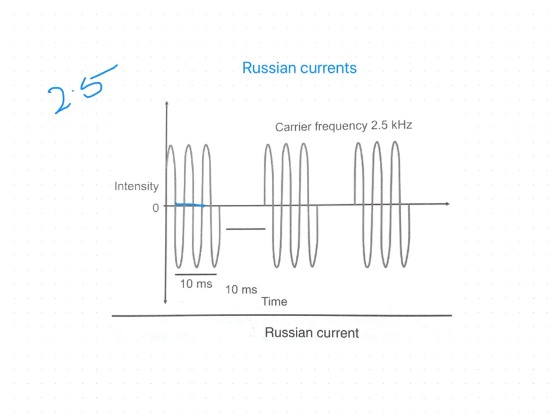So for every 50 hertz you will have a burst modulation. With a 50% duty cycle, the burst duration here is 10 milliseconds at 50 hertz.